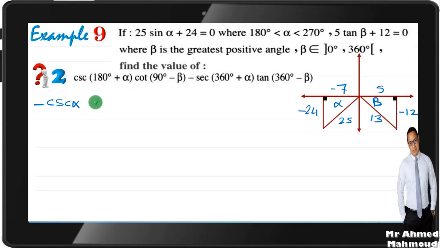Times cotan of 90 minus beta. 90 changes the cotan, it will be tan beta. This is the first quadrant, so it is positive. Minus sec of 360 plus alpha. 360 plus alpha, the 360 cancels, so it will be sec alpha.